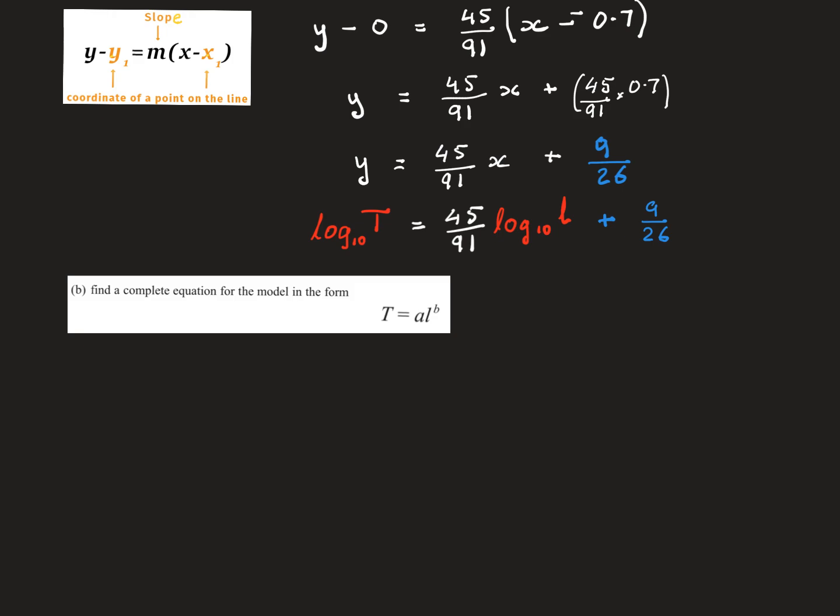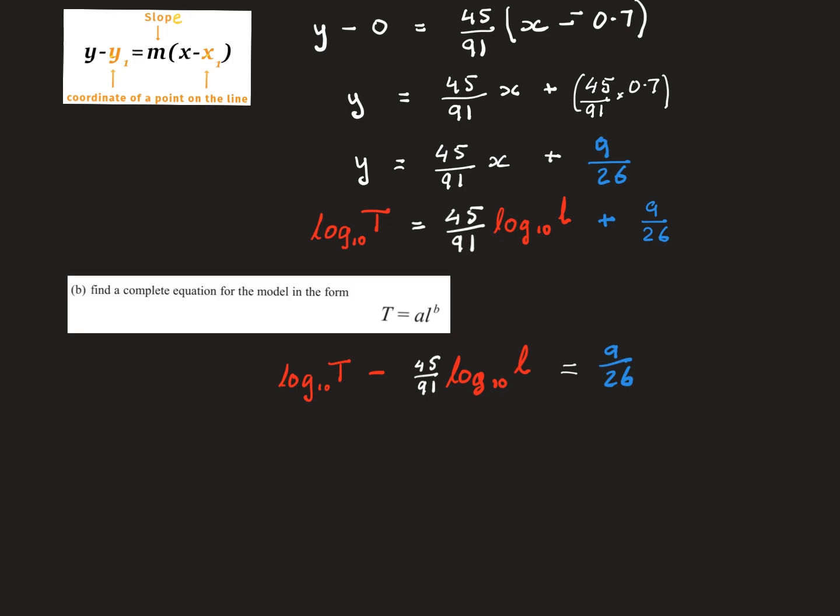So we rearrange this equation above, and we'll say that's log t, and we'll move the log L to the left hand side, which will be 45 over 91 log 10 L, and we'll leave the right hand side 9 on 26.